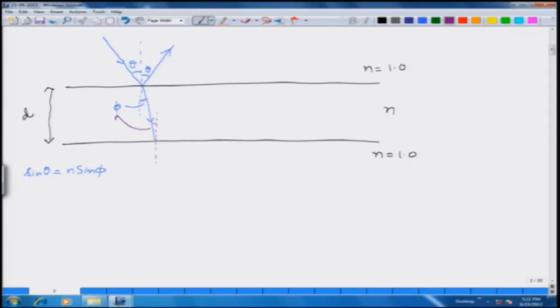At this angle, some of the light is going to be reflected back, and the other part is going to be transmitted, and from the angles you can easily show that this angle at which it comes out is again going to be theta. So, basically as the light passes through this slab, the light comes out at a parallel angle to the incident light, because both the angles remain as phi.